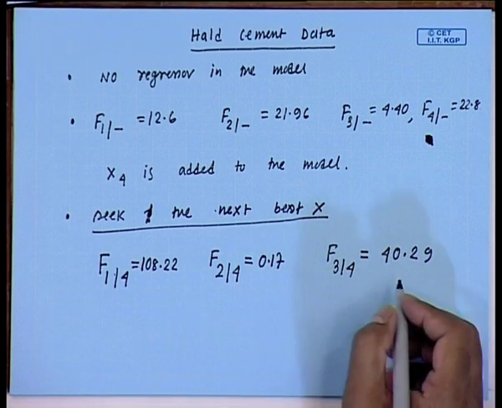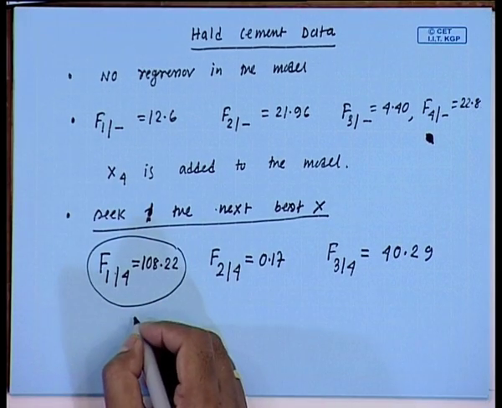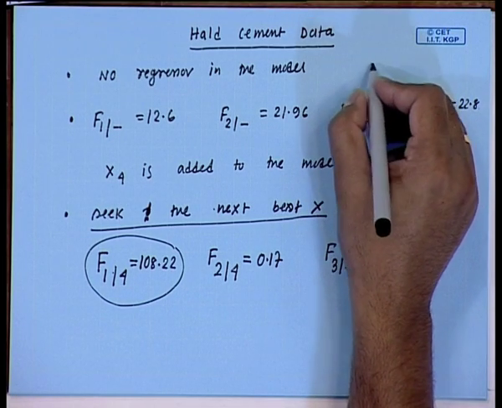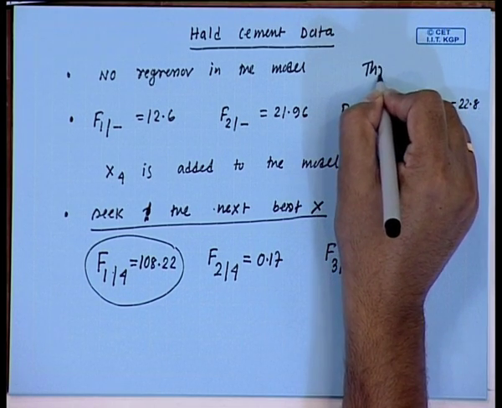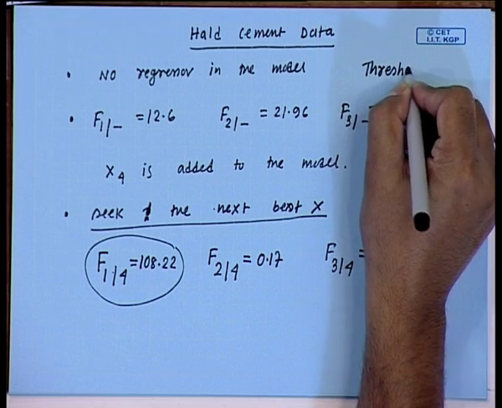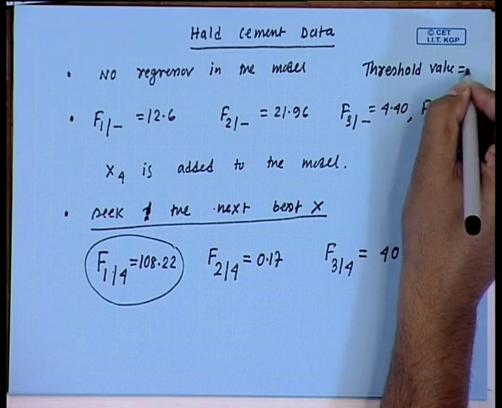The highest partial F value is this one, and here we fix the threshold value equal to 5.